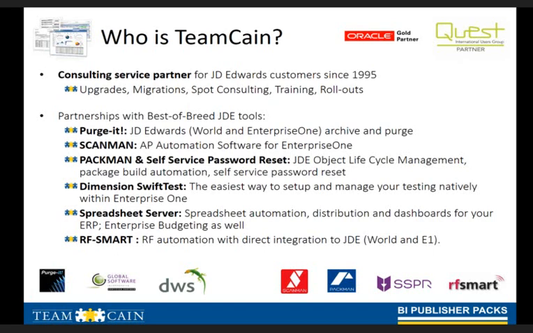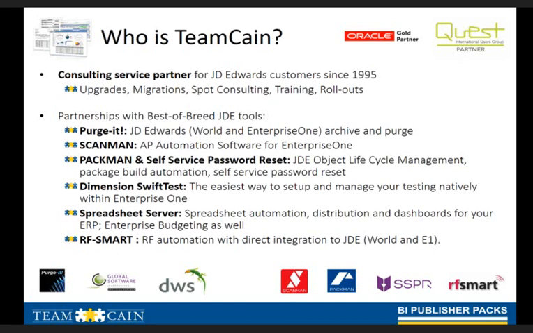We also have partnered with what we think are some of the best-in-breed tools for JD Edwards, and that includes Purge-It, which is JD Edwards data archiving and purging for both World and Enterprise One. An awful lot of pickup and interest in the ScanMan solution, which is AP automation built directly into Enterprise One. So this is not available for World, but it is available for Enterprise One.